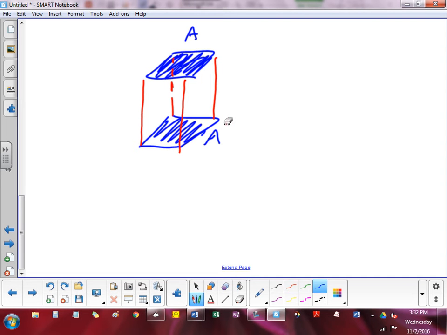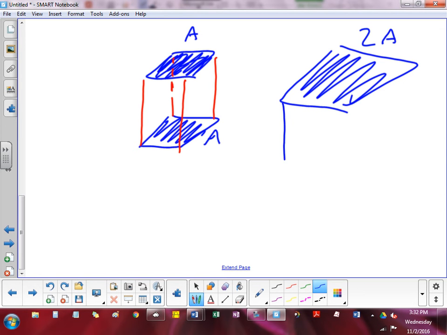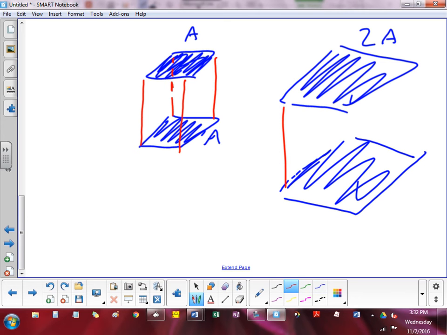And then you had another capacitor with a bigger plate on top, and let's say it has area 2A and 2A. So imagine you had two bigger plates with twice the area. Well, with twice the area, as long as your distance here is the same, you should have twice as much volume.